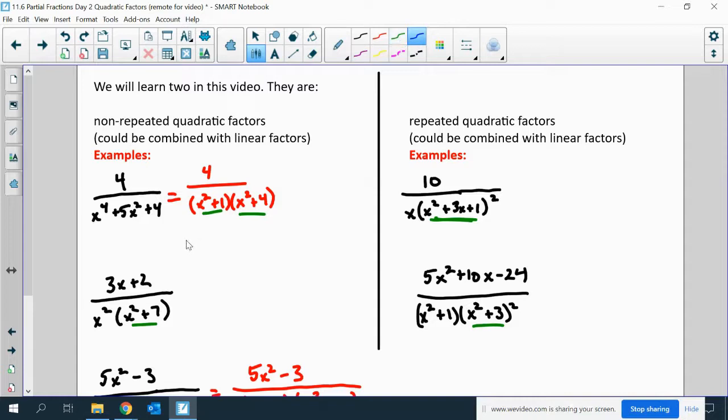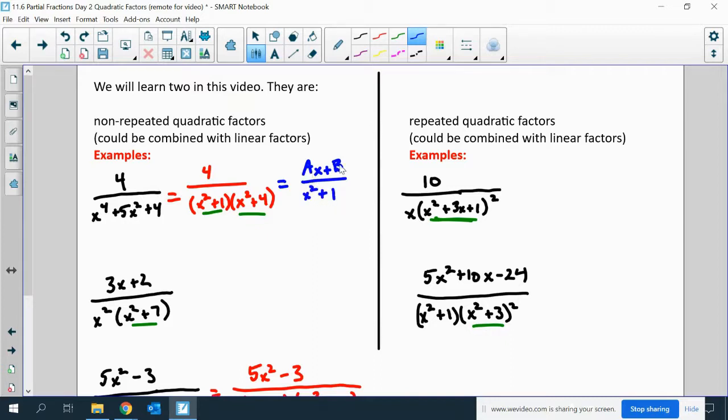The slight difference is anytime you have a quadratic term in the denominator, instead of just writing something in the numerator that is constant, you have to write a linear term and a constant term in the numerator.